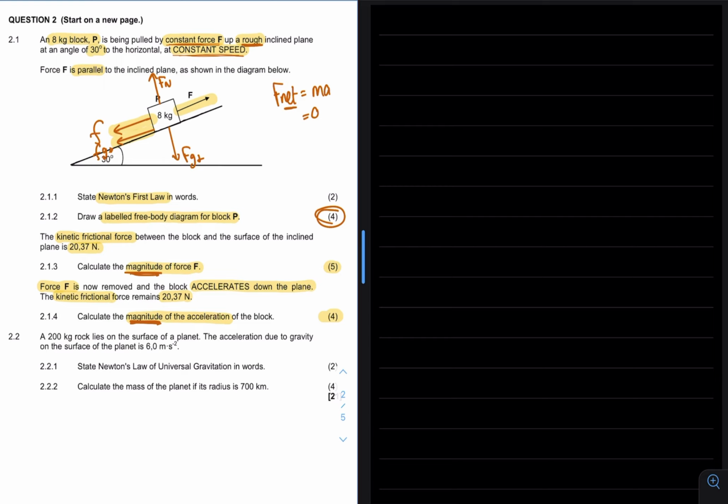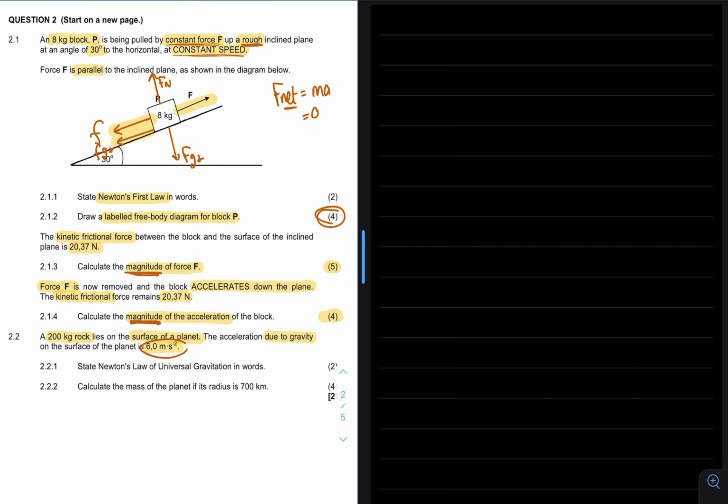The next part of the question has to do with Newton's universal law of gravity. 2.2 states that a 2 kilogram rock lies on the surface of a planet. The acceleration due to gravity on the surface of the planet is 6 meters per second squared.